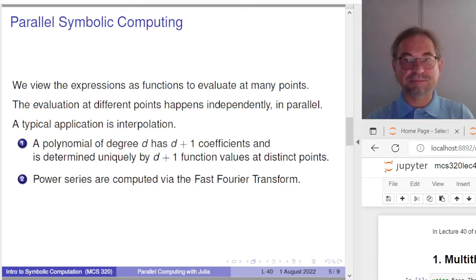That's one perspective. One also talks sometimes about computer algebra by values, where one stores a polynomial not necessarily as its coefficient vector, but by the function values evaluated with respect to a certain basis. Okay, so that's the high level perspective.